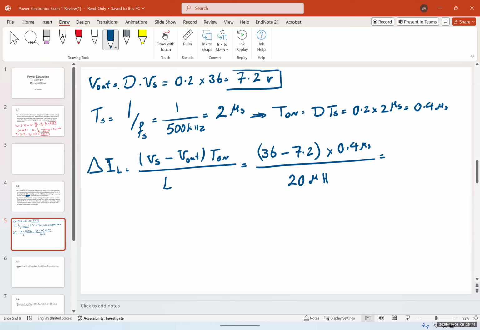If we solve for this, we get 0.576 amps.